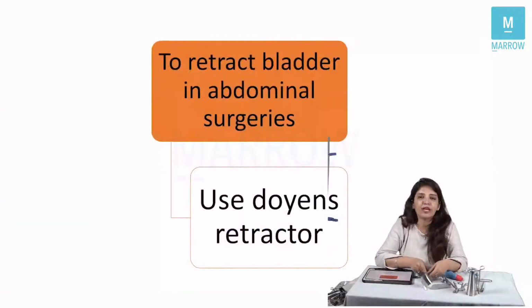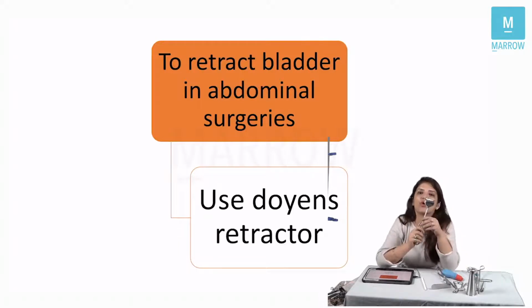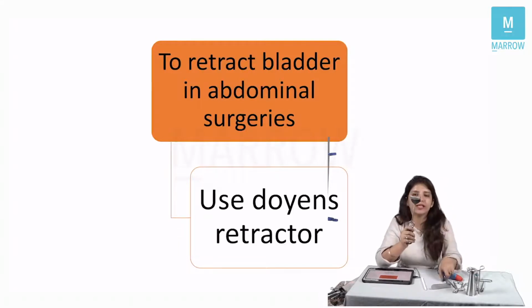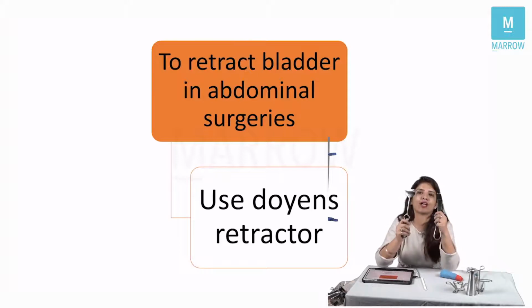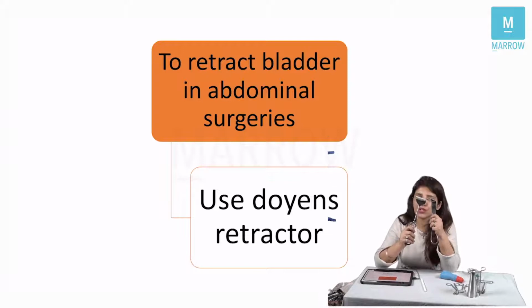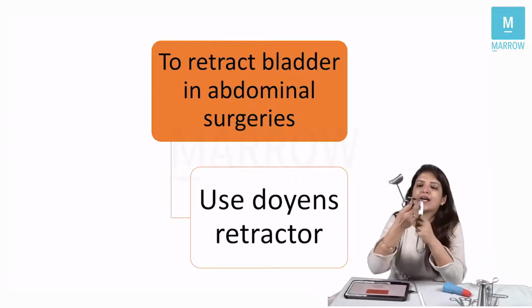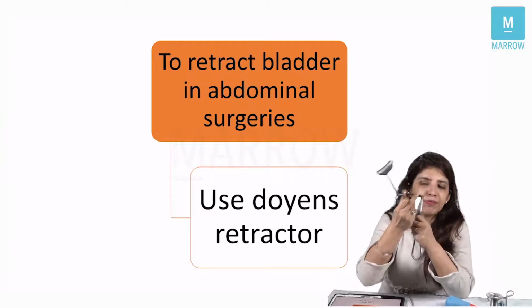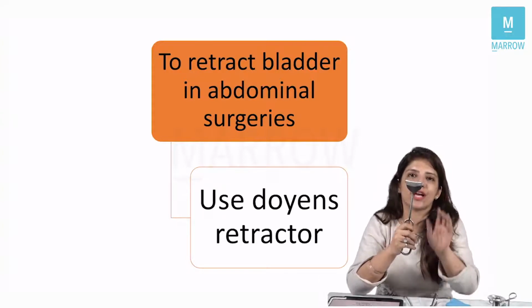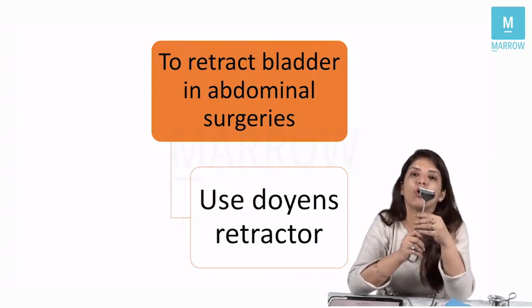Now, same thing if I want to retract the bladder during abdominal surgeries, then the retractor which I use is a Doyen's retractor. It's very easy to identify Doyen's retractor from a Landon's retractor. Landon's retractor is L-shaped. It has a narrow flat blade, whereas a Doyen's retractor will have a curved and a broad blade.